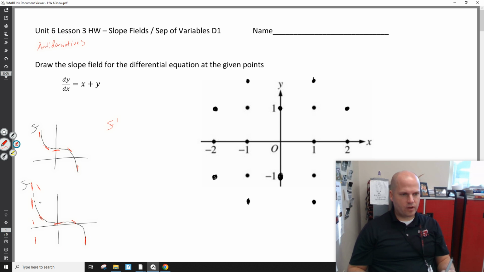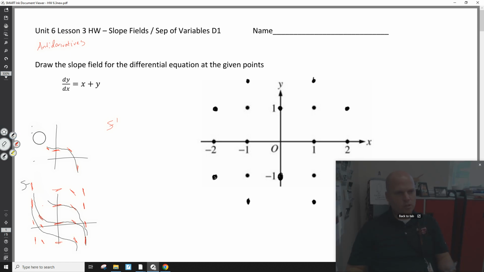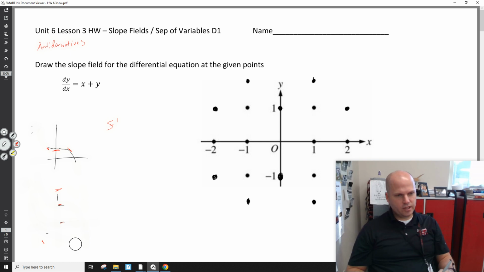Instead, we'll have a large collection of slopes, which gives us all of our possibilities for what the original function looks like. So here would be a slope field where the solution could look like that. The solution could also look like that. And again, what's the difference between the two? It's just whatever the plus c ends up being. So that's the idea. Now, how do we do this?